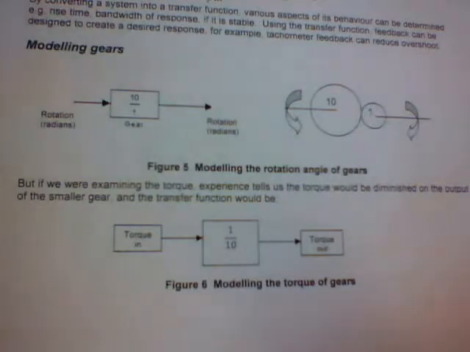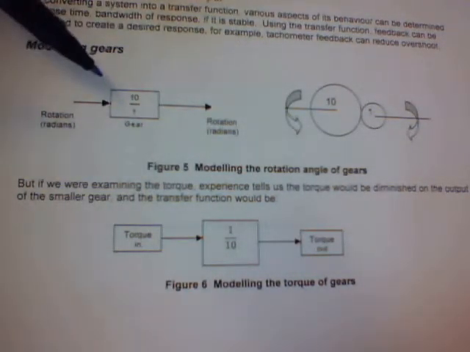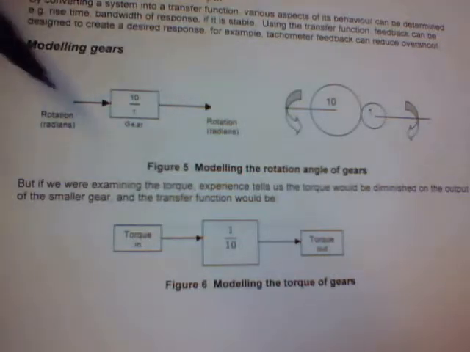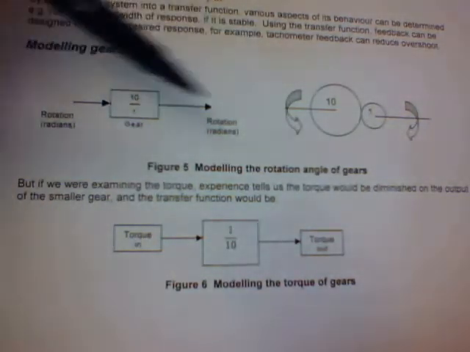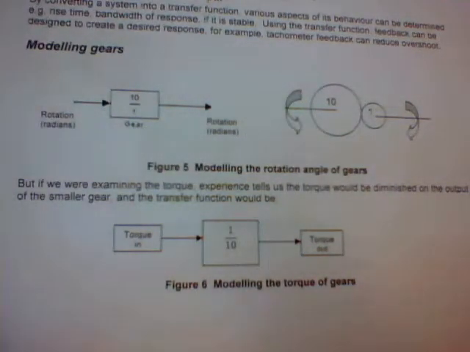Okay, let's say it's a radius of 10 centimeters and a radius of 1 centimeter on the output, so we'll ignore the teeth, we'll count it in distance instead. And if I rotate the input shaft 1 revolution, the output shaft will rotate 10 revolutions, so the transfer function of the gears for position would be 10 to 1 in this particular case.